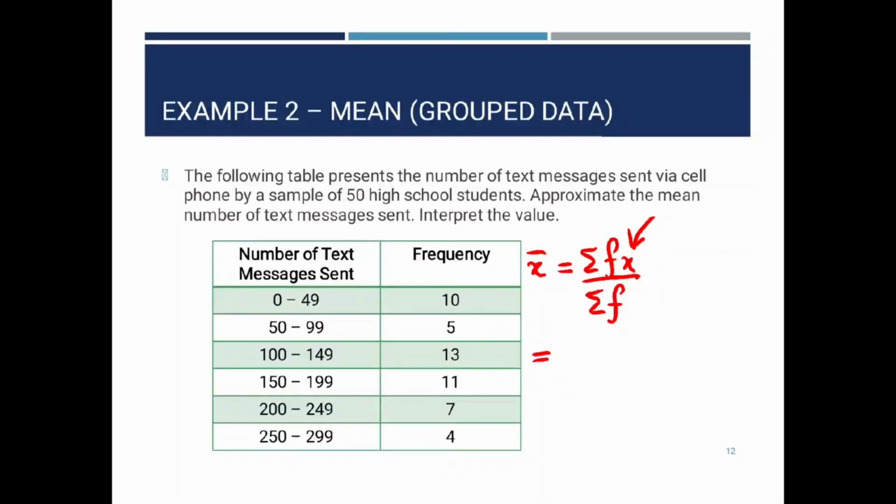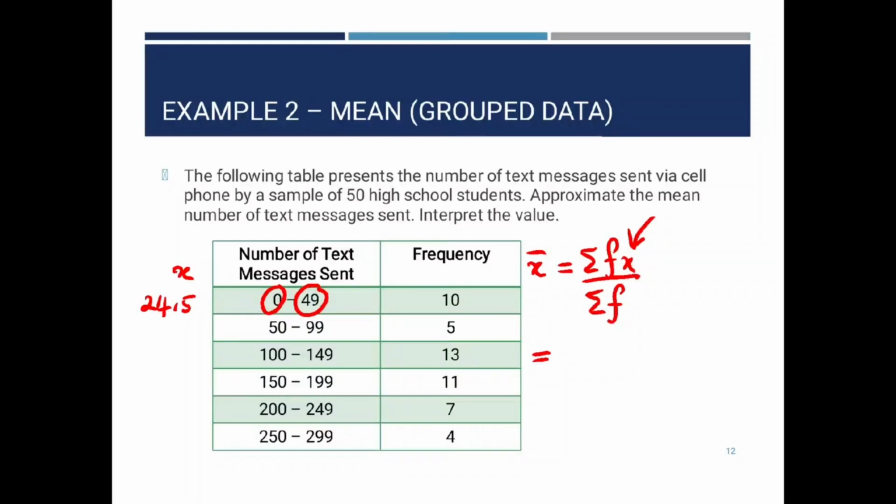Okay, how to find the midpoint? The midpoint is, let's say for the first class, 0 plus 49 over 2. So the midpoint will be 24.5.